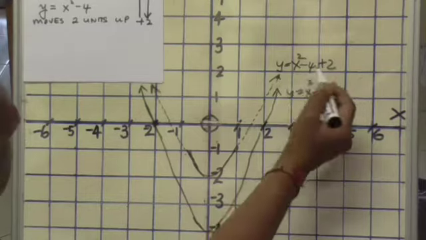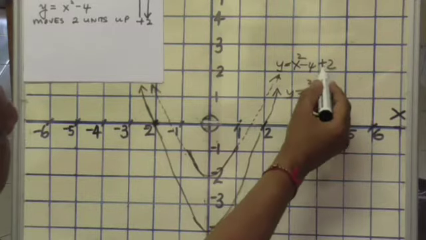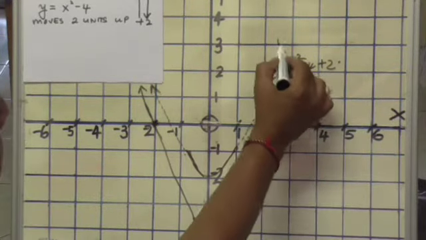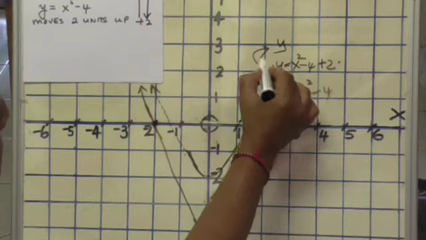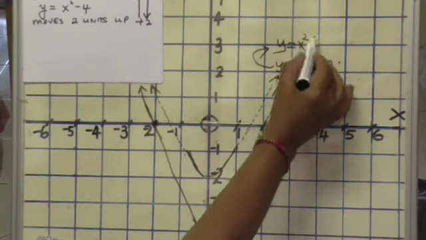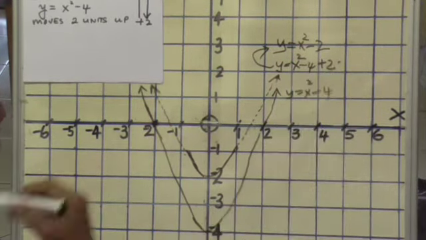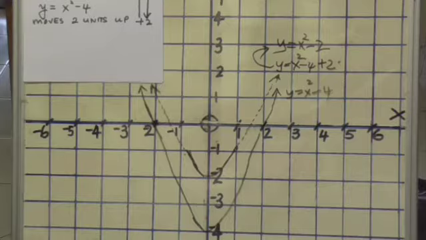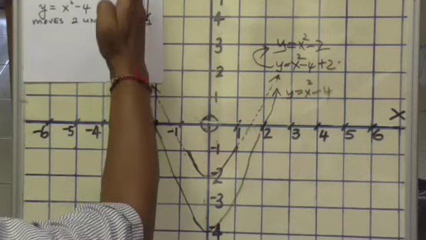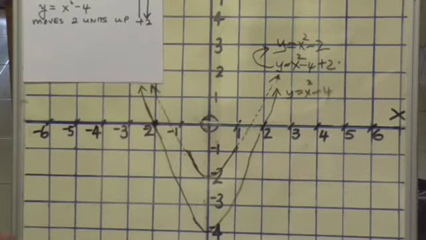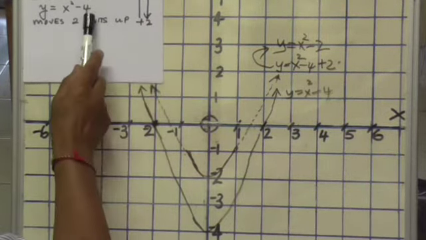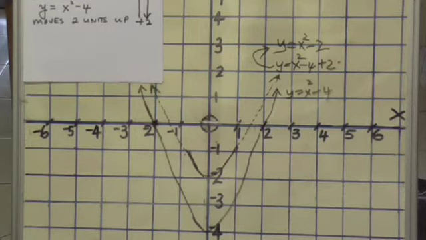So you add 2 to it. It only changes the y-intercept, and so the final answer will be y is equal to x squared minus 2. Simple. So when a graph moves up or when it moves down, only the y-intercept will change, nothing else. Only the y-intercept will change.